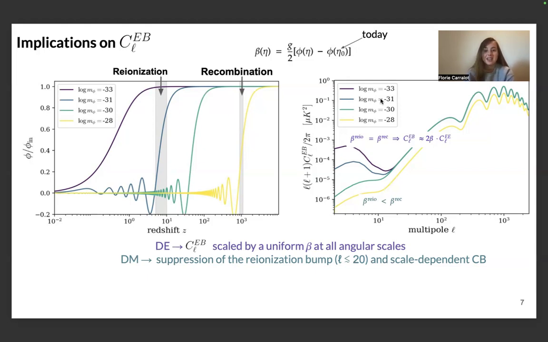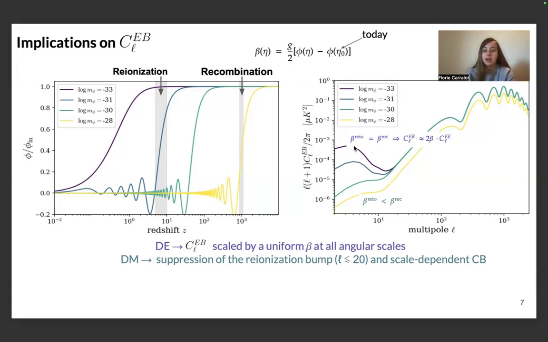So we can translate it into the EB power spectrum by this relationship, which gives the cosmic birefringence angle at a certain conformal time. And it is given by a difference in field value between the emission time and today. So since in the dark energy case we have a field which is constant during reionization and recombination, we have the same amount of cosmic birefringence at those scales.